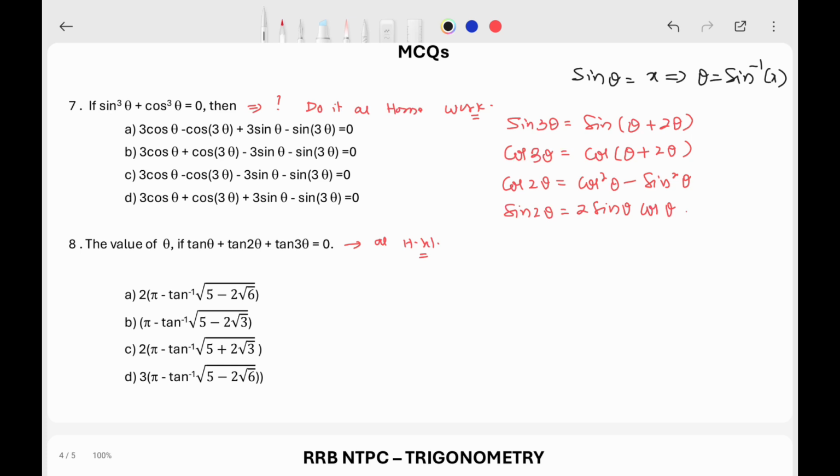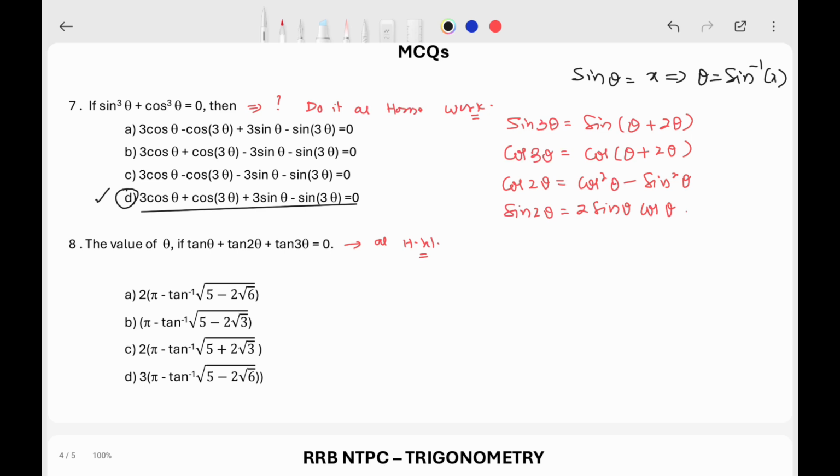With these hints, you try to solve this question. I will give the answer. D is the answer. D is the correct answer. Try to solve it on your own.